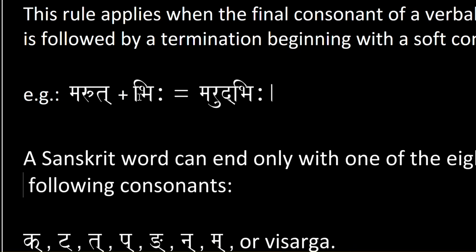It can't become marutbhihi because this ta, this hard consonant, is coming before a soft consonant, the bha in bhihi. So the ta also had to turn into a soft consonant, and da is the soft consonant for the row of dentals, so it turns into marudbhihi.